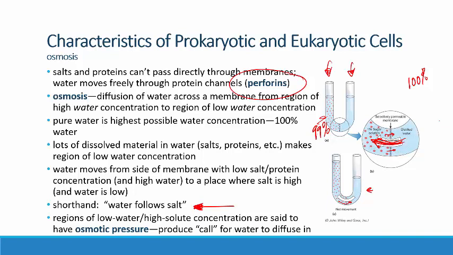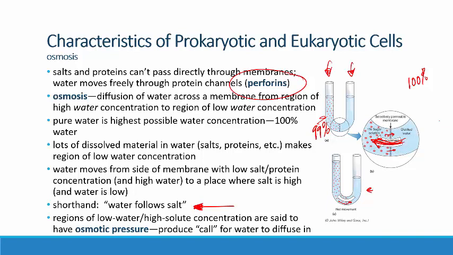The regions that have this low water and high solute concentration are said to have osmotic pressure. This is a weird use of the term pressure, because usually we think of pressure as pushing away from the region that has the pressure. But when it's osmotic pressure, we mean that it has a high call for water to come toward that side.